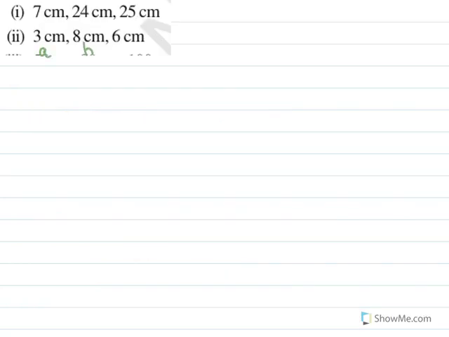This is A, B and C. So A equal to 3 centimeter, B 8 centimeter, C 6 centimeter. Take the two smaller sides, which are A and C. And find the squares. Let us find what is A square plus C square.